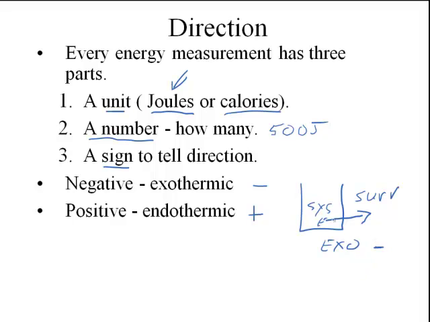So now we've got a negative value. Now, if I take the surroundings and I take some energy and I add it to the system, well, the system has gained energy, and so an endothermic reaction gives us a positive sign. Really important that you keep those things straight because we're going to look at that quite a bit.